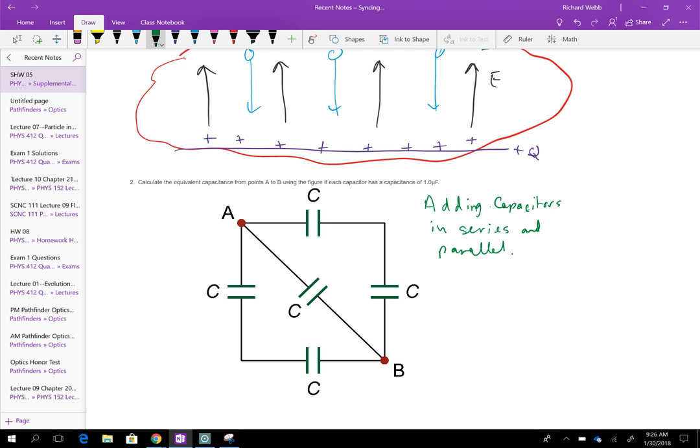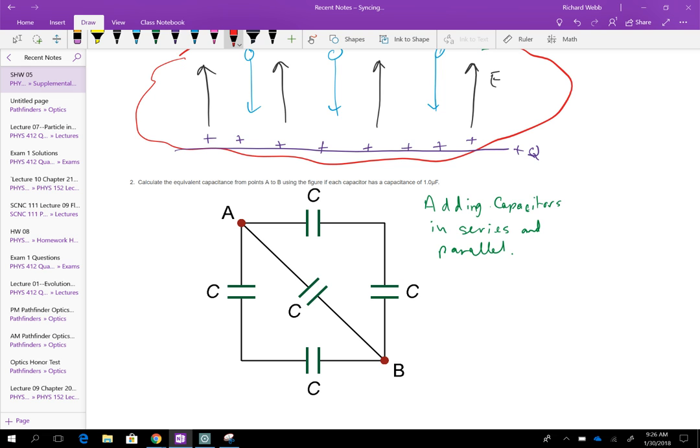So the first question you have to ask yourself, I'm not going to quote Dirty Harry here, is do you see anything that's in series or parallel? Yes. What do you see? I see the diagonal from A to B is in parallel with itself. You can't be in parallel with yourself. You just are yourself.